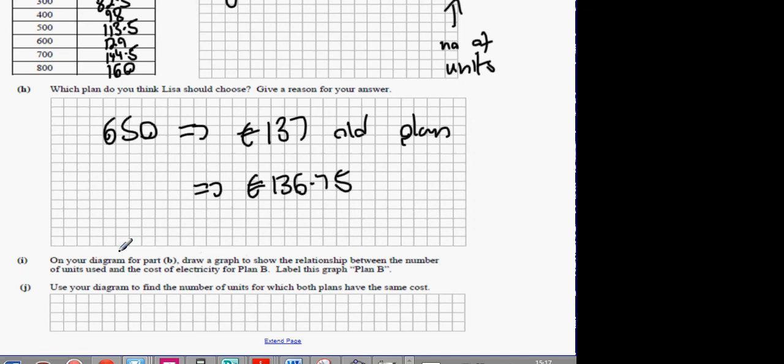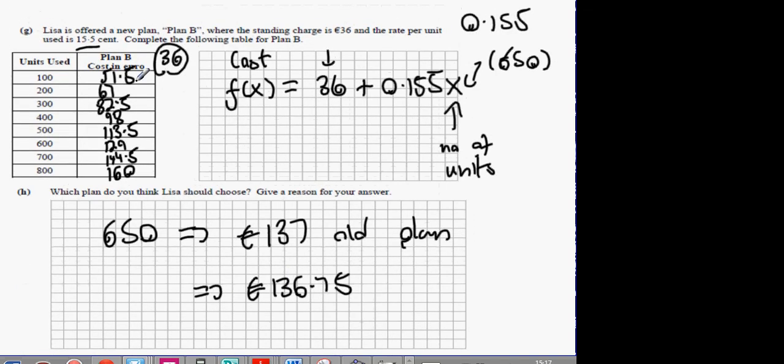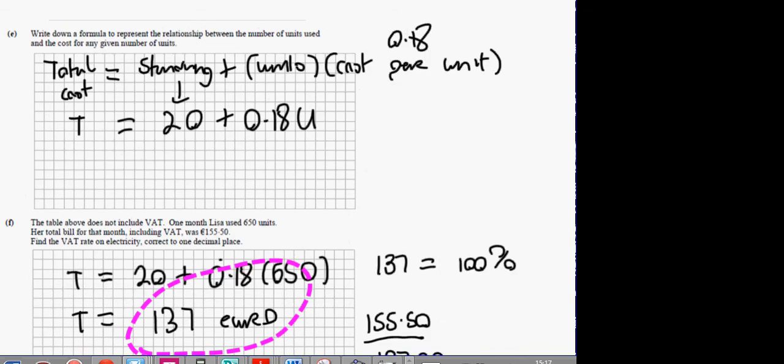Right. Now, on your diagram for part B, draw a graph to show the relationship between the number of units and the cost for plan B. Label plan B. Owen, will you tell me the first point? Just remember this one for me: 267, and the other plan 800 and 160 would be the two I want you to remember, just because they're whole numbers.